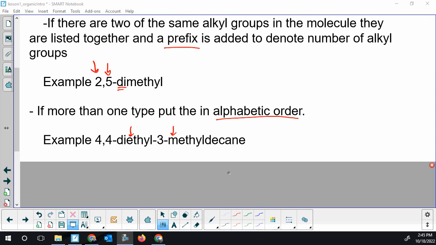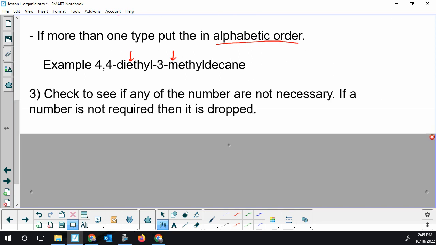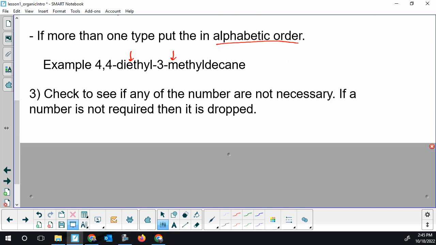So our last rule, a rule that I love but doesn't show up in tests a lot. But it shows up in names when you get them, and there's missing information. You're like, why isn't there a number? Mr. Curtis said there's supposed to be a number. Okay, we're going to check to see if any of the numbers are not necessary.